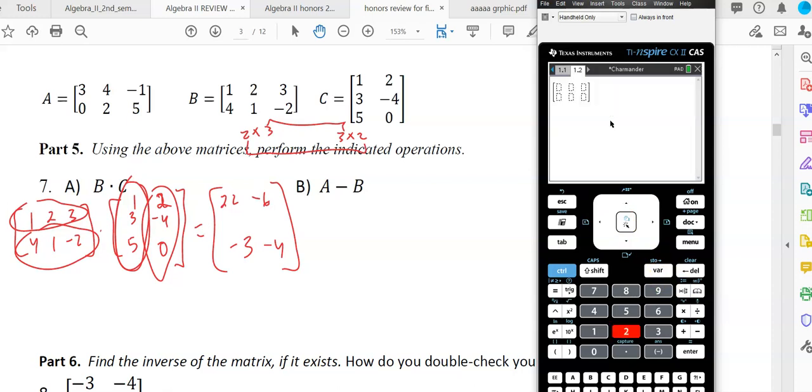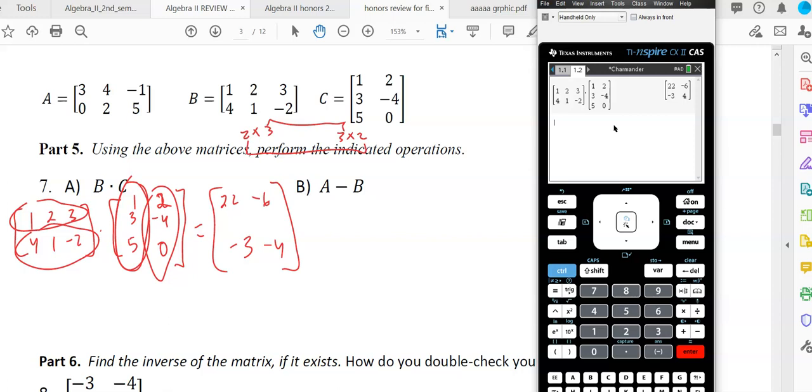So 1, 2, 3, and 4, 1, negative 2, times C, which is 3 by 2, which is 1, 2, 3, negative 4, 0.